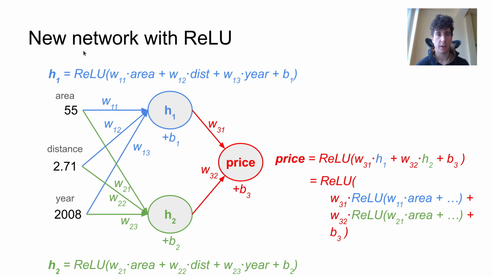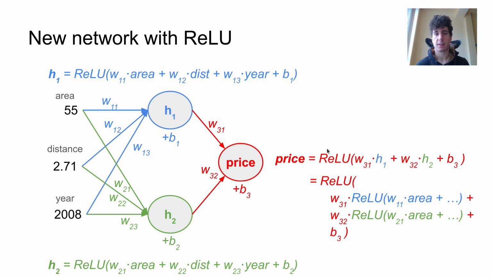Now, the new network looks like this. So the first neuron is ReLU of the weighted sum plus b. The second neuron is ReLU of the weighted sum plus b2.